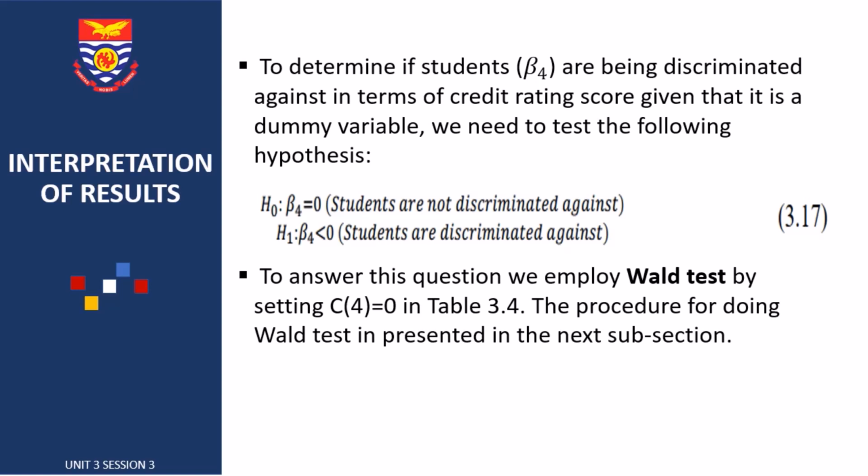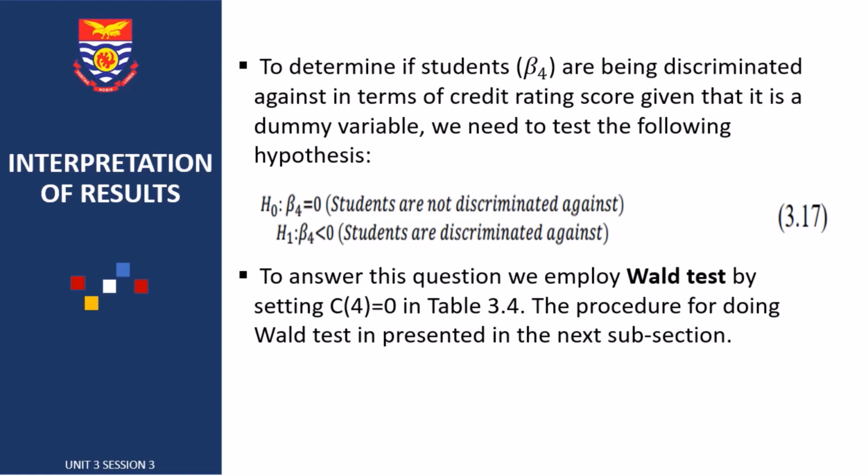According to equation 3.16, beta 4 indicates that on average, the credit rating score of a student will be around 99 less than that of a non-student, holding other things constant.